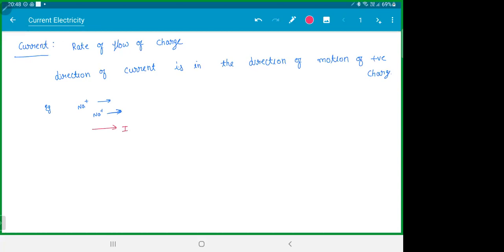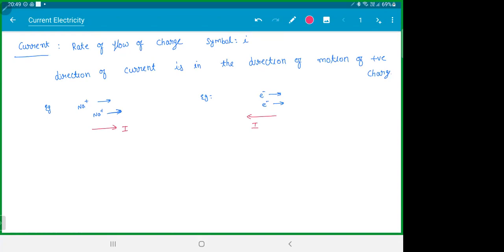The symbol for current is I. Suppose you have electrons and the electrons are moving this way. Electrons are negative charge, so the current will go in the opposite direction. Clear? So the direction of flow of positive charge is taken as the direction of current.